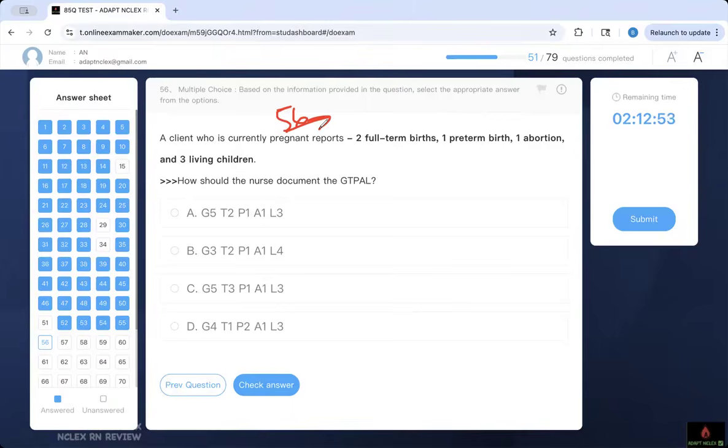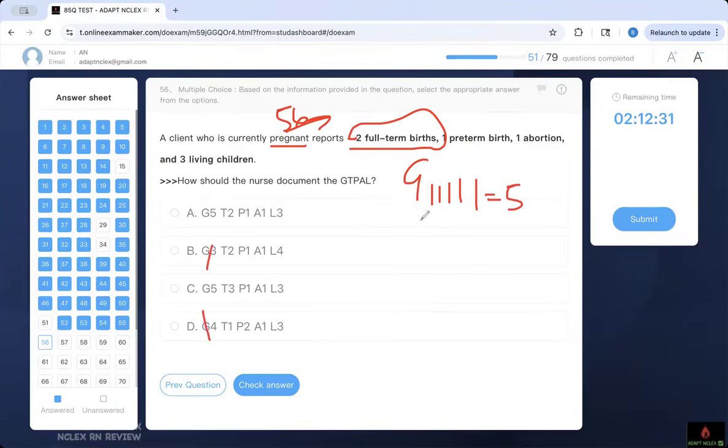But what is the key? I'm pregnant already, so I have 1 G. 2 full-term babies before, 1 preterm, and 1 abortion. So I have a total of 5. I look at the answer choices. I cancel this. I have 5.